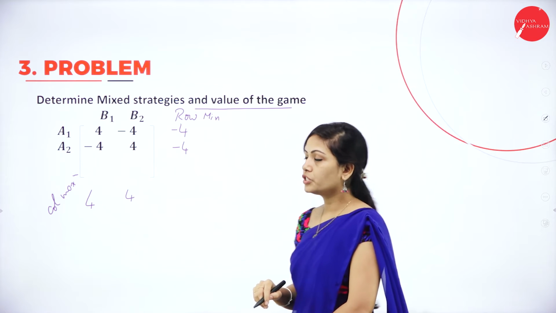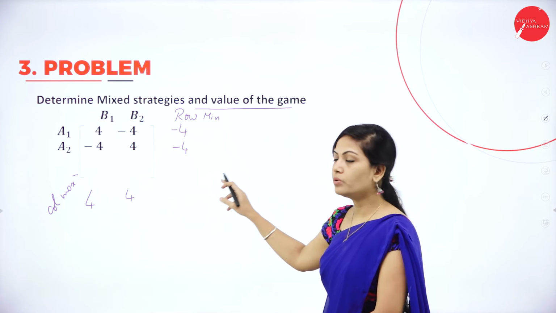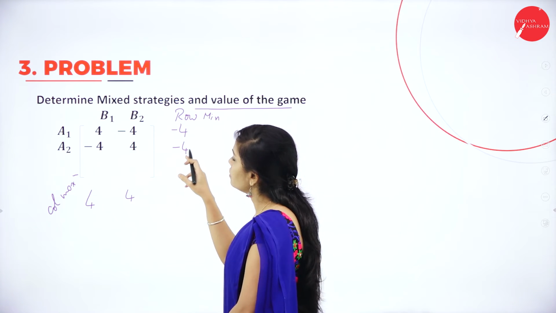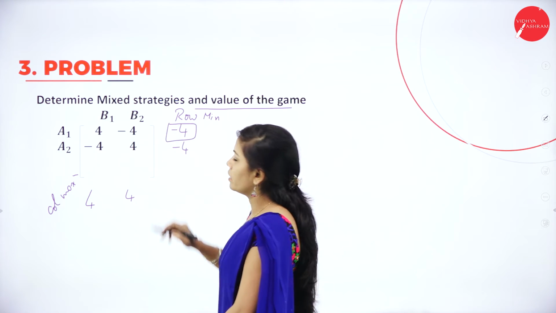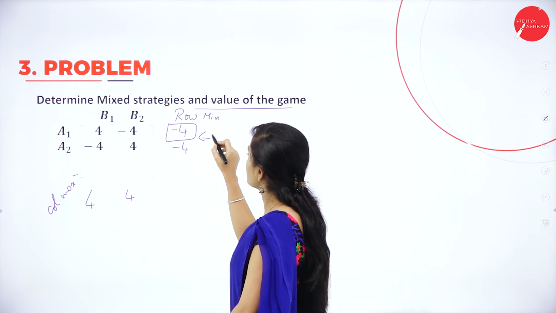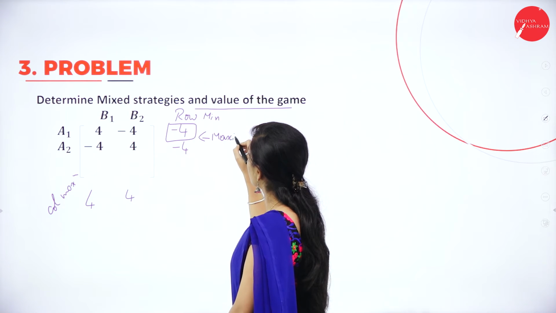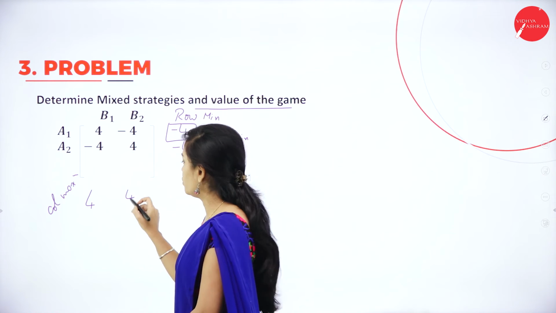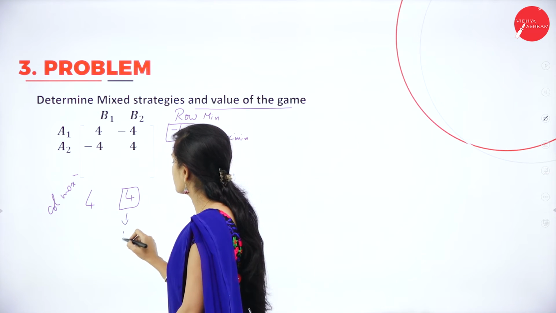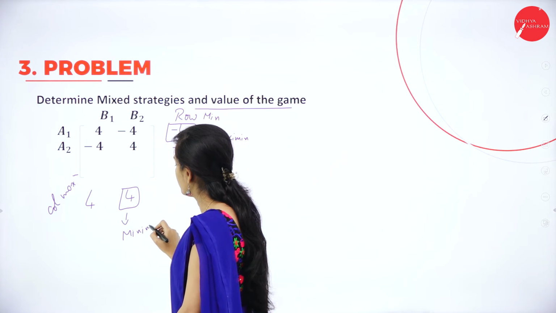So now you can check the maximin value and minimax value. So here we got same value, that is negative value. So I will take one value, that is maximin value. And here the minimum value is 4 only. So minimax value is 4.